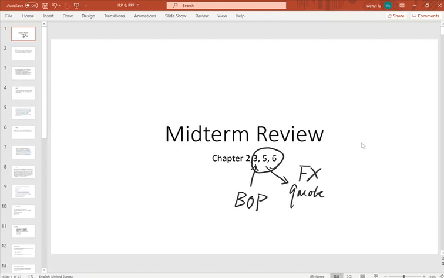In chapter 6, we study the two parities. One parity is about interest rate, the covered interest rate parity, and the other one is purchasing power parity. So today I will go over these topics in detail.